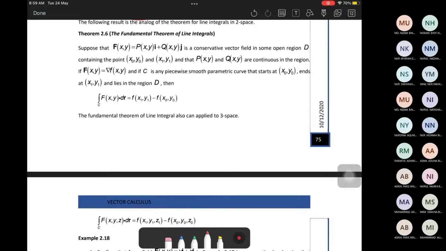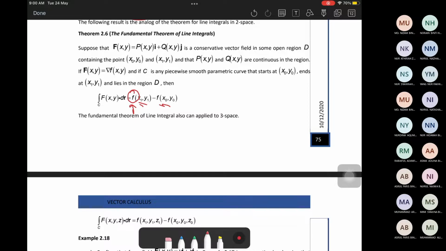Jadi dengan kata lain, kalau kita dapat buktikan dia adalah f dia adalah konservatif, okay, f adalah konservatif, then kita boleh mencarikan dia punya potential function, iaitu f tu ini potential function ataupun scalar function, dan kita masukkan the value of 2 point ni, okay, dan kita akan dapat the value of line integral.